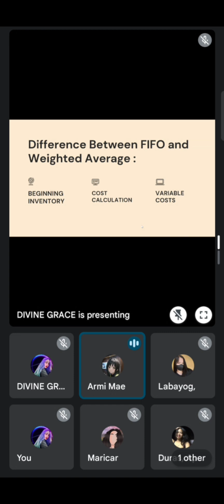And for variable cost, it includes both last month's and the current month's cost, giving a weighted average cost per unit. In simple terms, FIFO focuses on old and new inventory separately, while weighted average combines them, like treating everything as a mix.